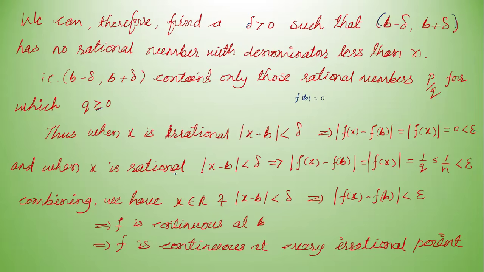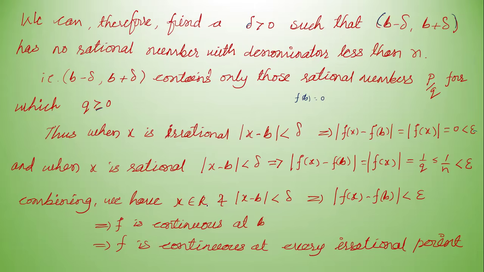And when x is rational, with modulus of x minus b less than delta, this implies modulus of f of x minus f of b is equal to modulus of f of x, which is equal to 1 by q, less than 1 by n, less than epsilon, because this is the condition.